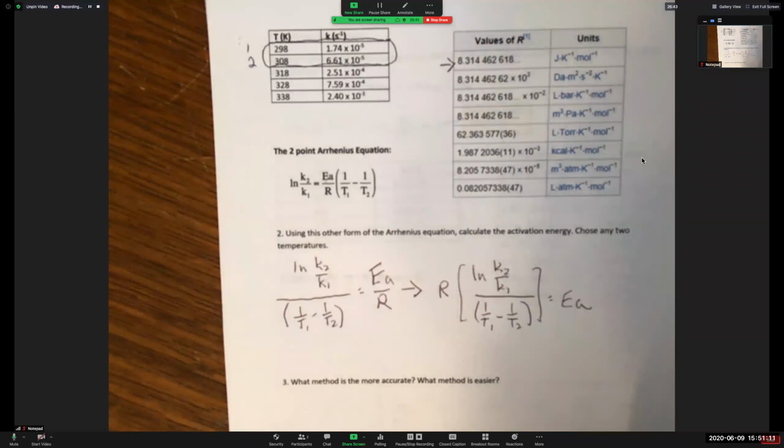Okay, I already made a mistake. We're supposed to take K2, which is 6.61 times 10 to the negative 5, and divide it by K1, which is 1.74 times 10 to the negative 5.